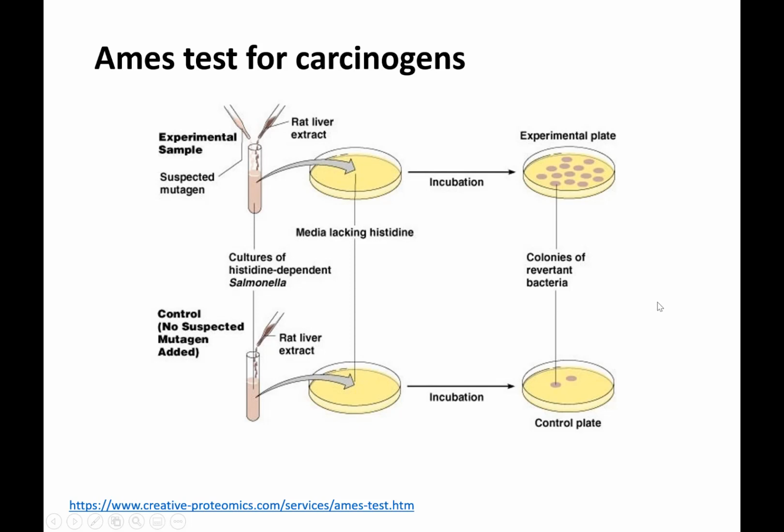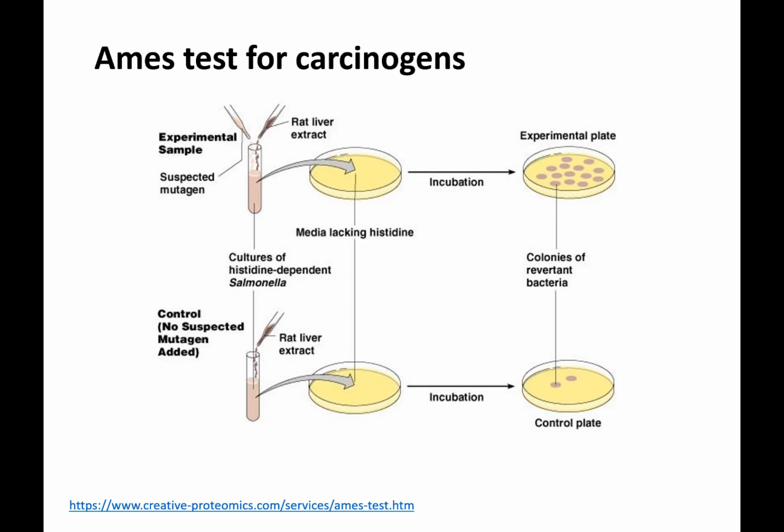Now, we're going to revisit the Ames test in Unit 4 with cancer. You may have seen this in general biology or in genetics, depending on your teacher or what you've taken so far. And you don't need to know about the Ames test for this chapter, but I want to introduce it because it's a way to test for something that can be cancer causing.